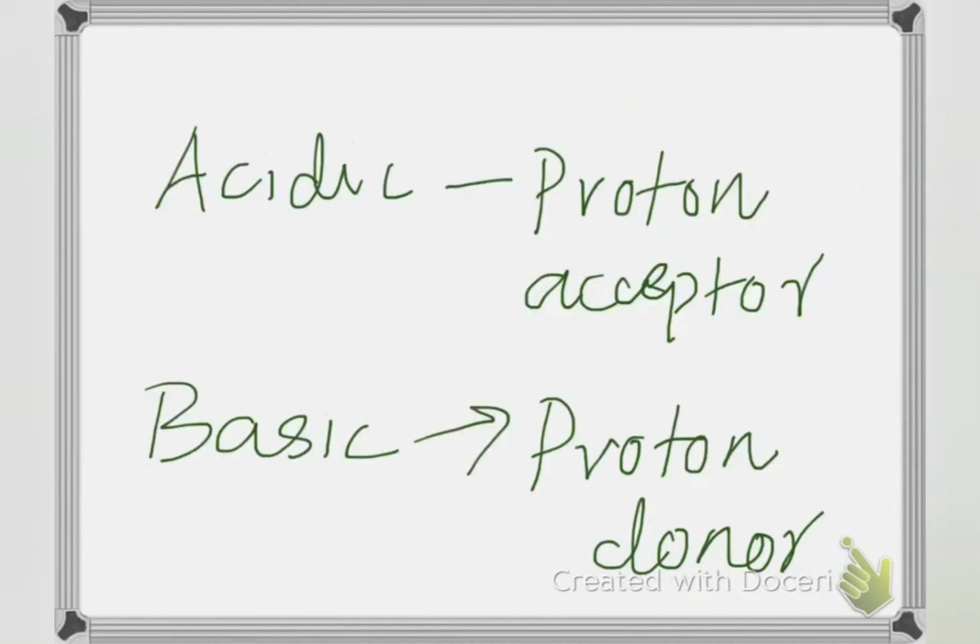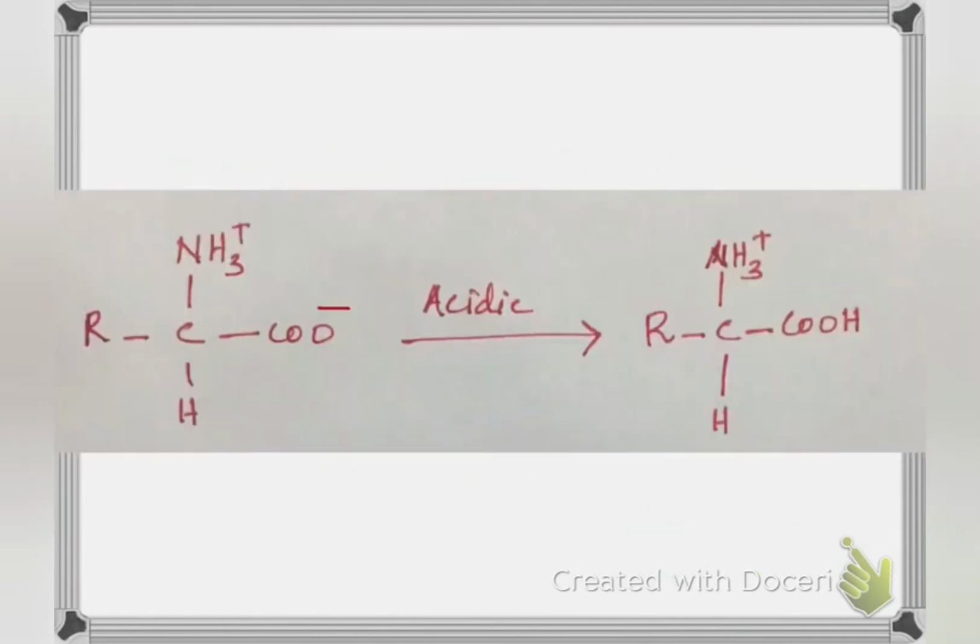In the acidic condition, the Zwitter ion acts as a proton acceptor, because here the COO minus accepts the hydrogen.